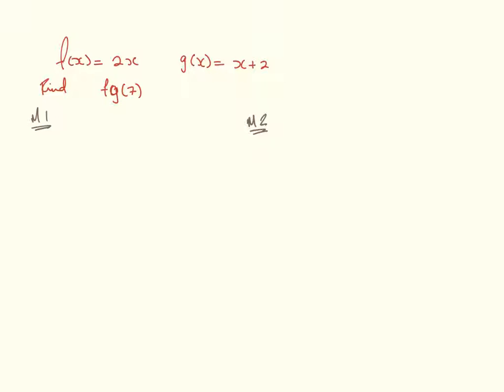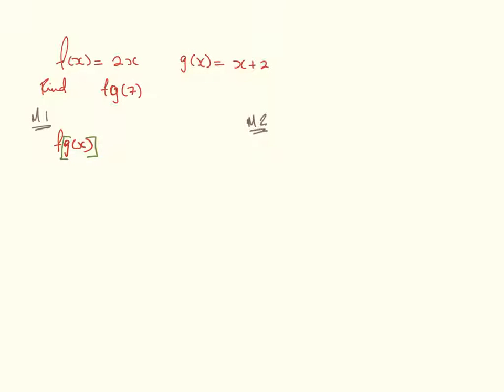Okay. Method 1, I would call it maybe the longest, maybe the hardest way, I'm not sure. I would find fg of x first, okay, for method 1. And what we need to do here is take g and put it inside of f.